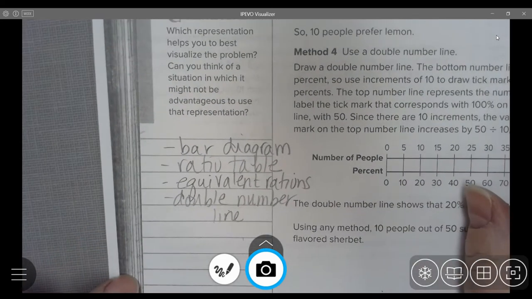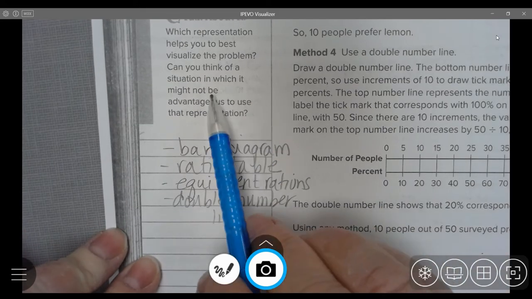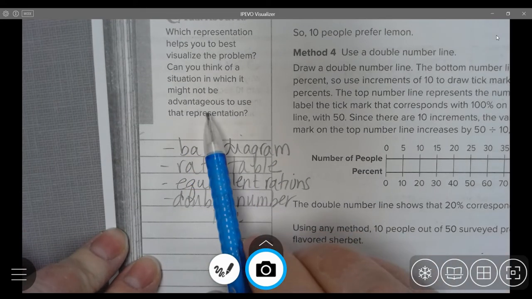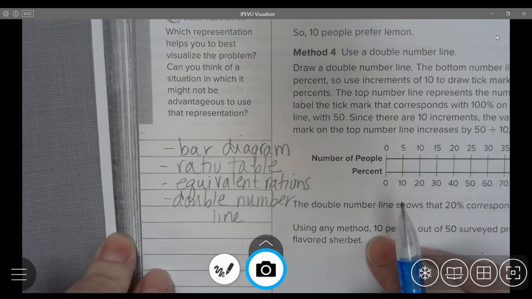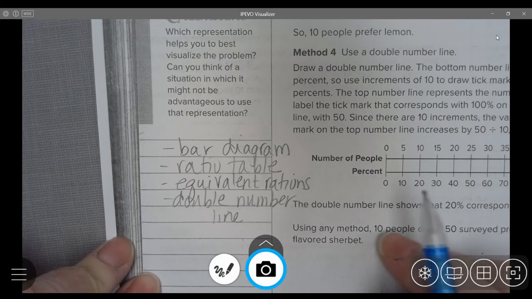Can you think of a situation in which it might not be advantageous to use that representation? It might not be the best place to use that.